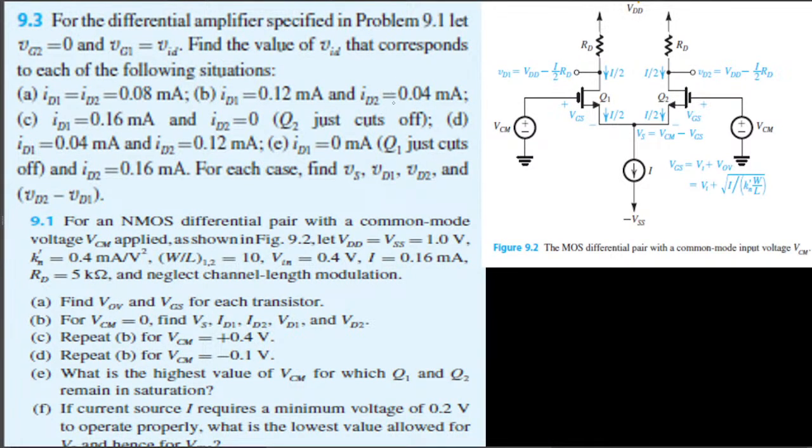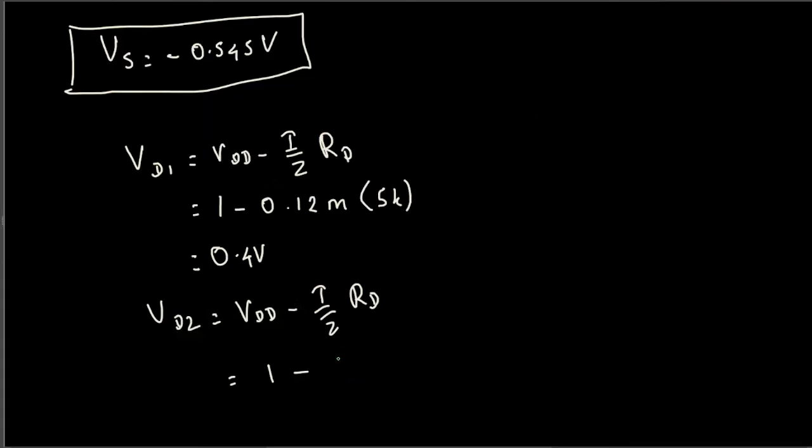Since they mentioned ID2 to be 0.04 milliampere, we substitute that, 0.04 milli times the resistance, which is the same, 5k. Now you will end up getting 0.8 volts. Okay, so we have Vd1 and Vd2.